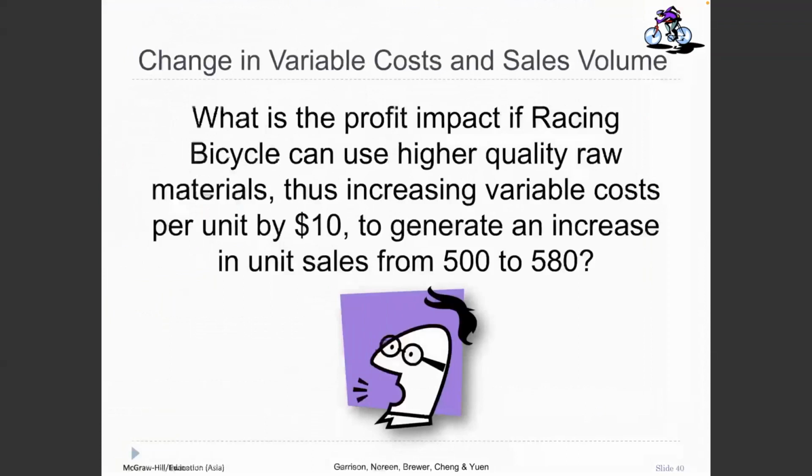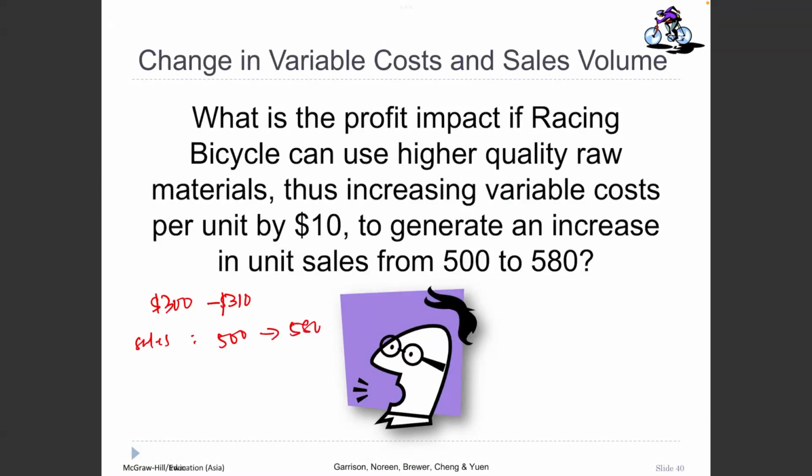What is the profit impact if racing bicycle can use higher quality raw material? Okay, they will use higher quality raw material, therefore increasing variable cost per unit by $10. So from 300 before, now it becomes 310, to generate an increase of sales from 500 to 580 units.